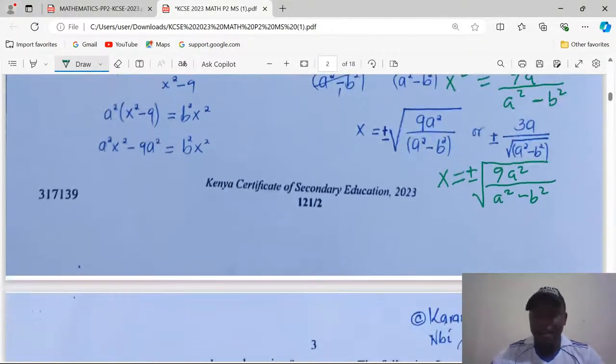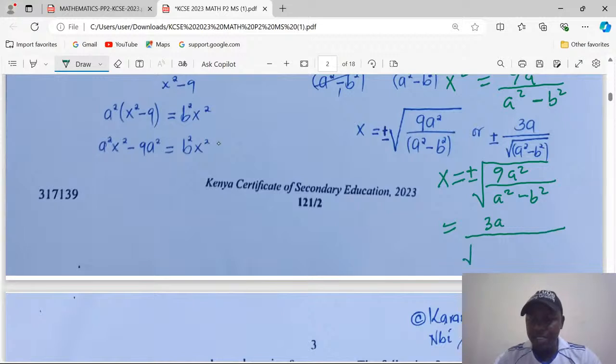We can simplify further and say the square root of 9a squared is known. That is exactly 3a, then divided by, now on the denominator, the square root sign remains, but again, we are supposed to know that the denominator is now a difference of two squares.